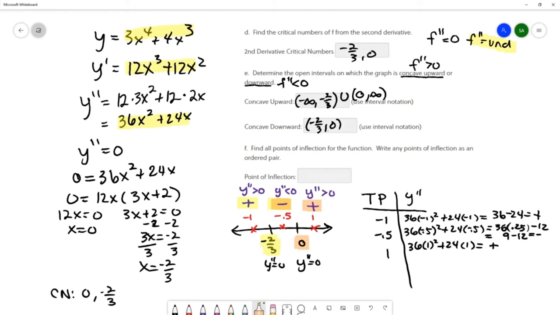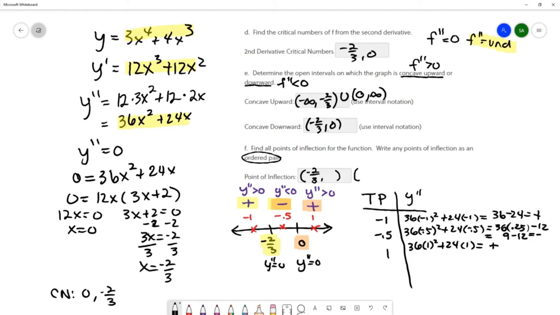So this function will have two critical numbers. We're going to write those critical numbers as ordered pairs. So the start of the first point of inflection will be negative 2/3. We need to find the y-coordinate, and that y-coordinate will come from the original function.